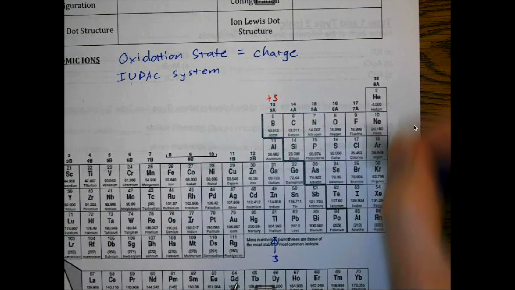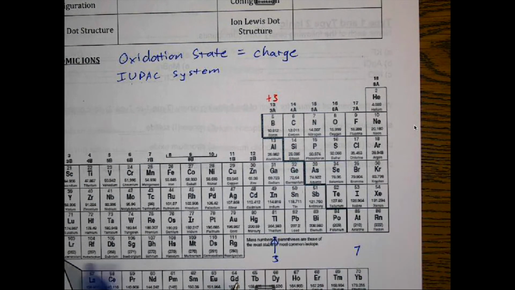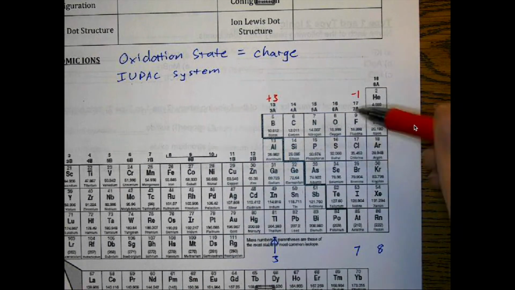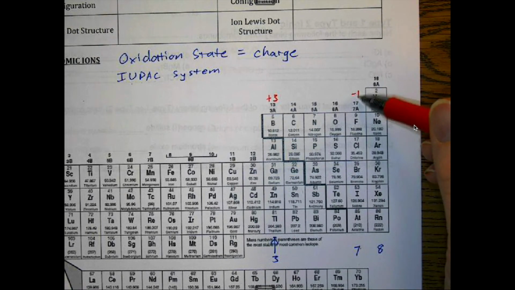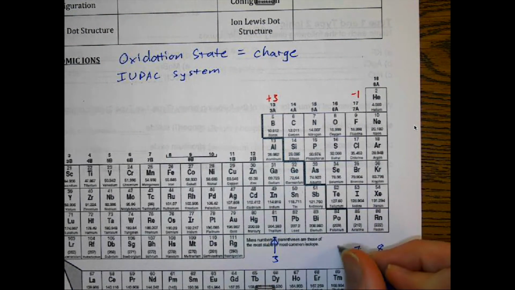Now these guys over here have 7 valence electrons, so they are likely to gain an electron and try to get 8. So the halogens are going to be a -1 charge because they're likely to gain 1 negative charge. These will have 6 valence electrons.